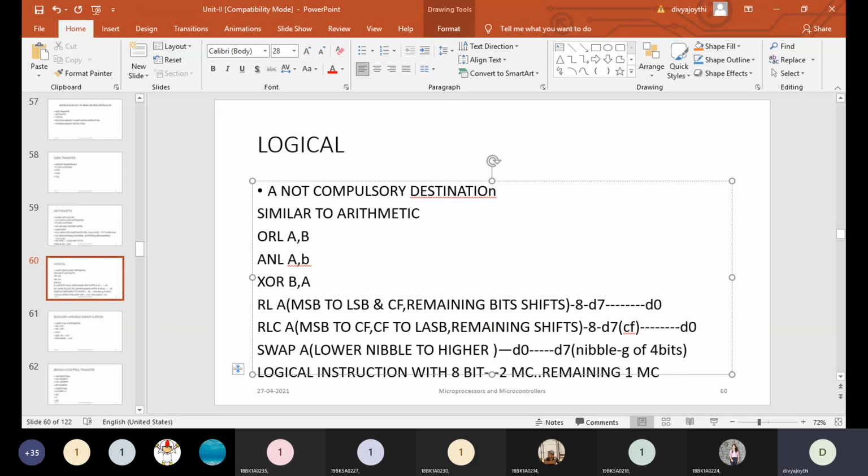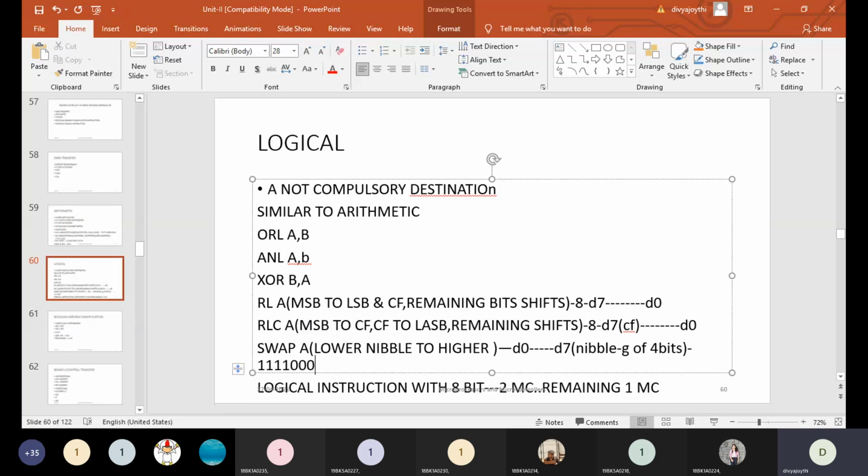Say for example, 4 ones and 4 zeros is the input before the execution of swap. I'll explain: this is the input that A is carrying before execution. Here the 4 zeros are the lower nibble and the 4 ones are the higher nibble.